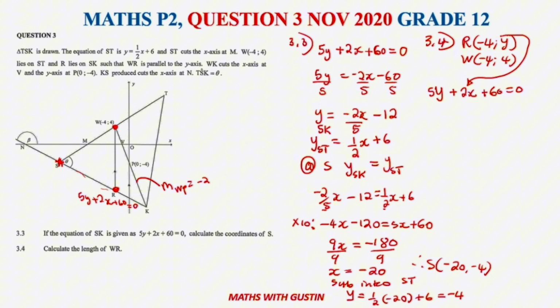We know the x value here. We are looking for the y value, so we are going to put 5y plus 2 times minus 4, plus 60 is equal to 0.